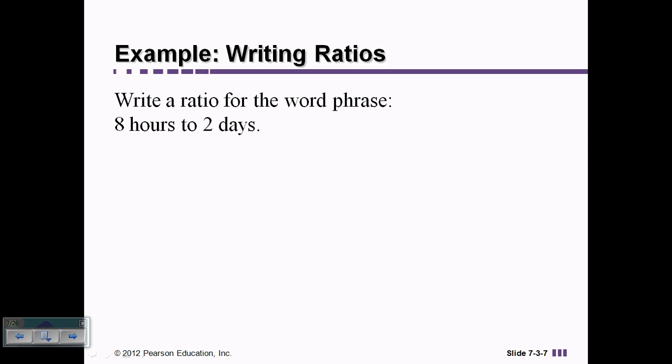So we're going to write 8 hours over 2 days, but then we need to convert the number of days to hours, so it's going to be 8 hours over 48 hours, and then we're going to simplify that fraction and get 1/6.